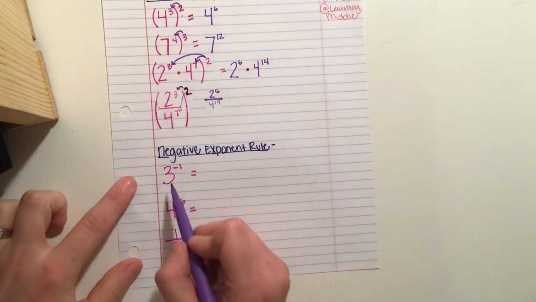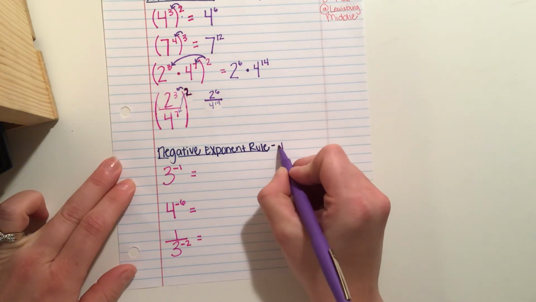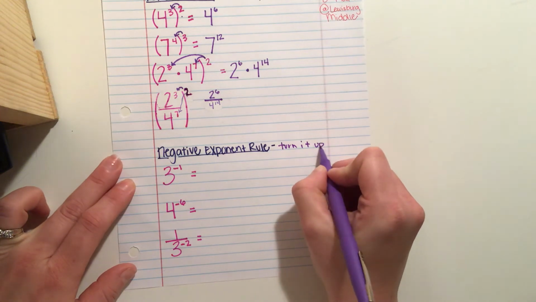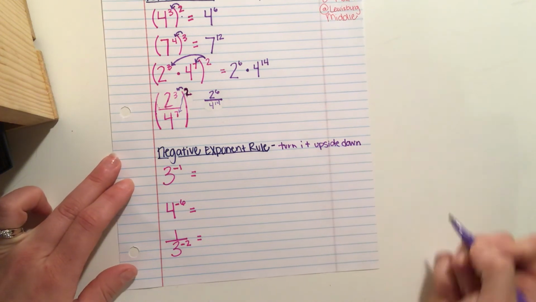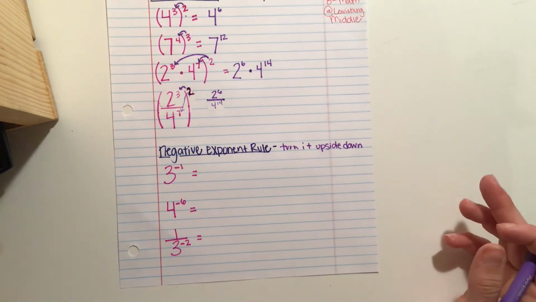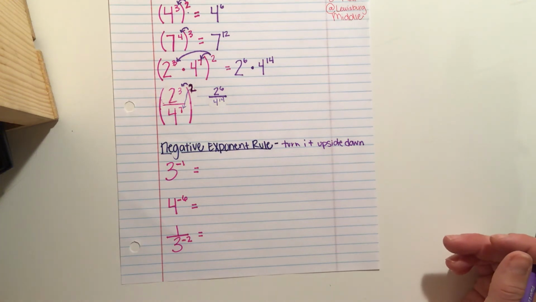So anytime you do have a negative as an exponent, you're going to turn it upside down. Now, the reason why I don't teach put it into a fraction is because I have a fraction down here already. So I'll always say turn it upside down.